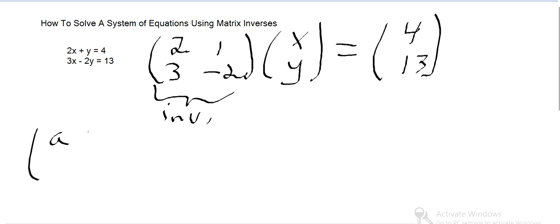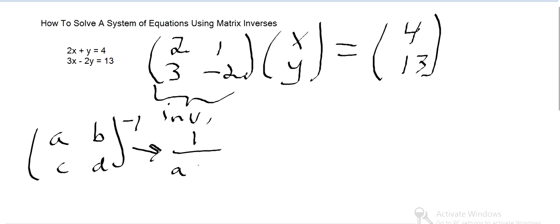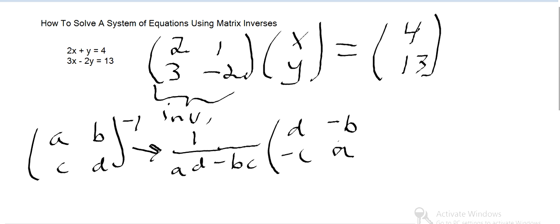If we recall, for a 2x2 matrix, the inverse is simple to find. The inverse is 1 over the determinant, so 1 over AD minus BC, times the matrix where we switch the two diagonal entries and negate the two off-diagonal entries.